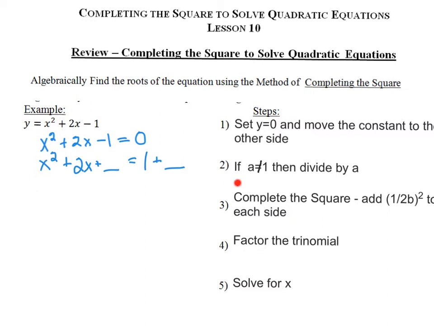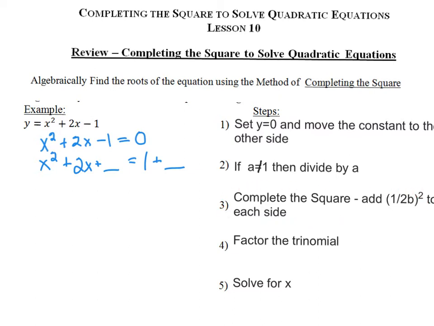Now, usually we're going to have to take a look at our quadratic equation and say, does our a equal 1? In this case, the coefficient of x squared is 1, so I don't need to do step number 2. So let's move to step number 3, where we're doing the process of completing the square.